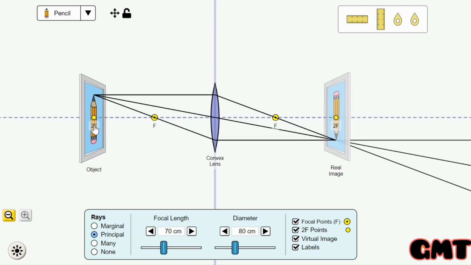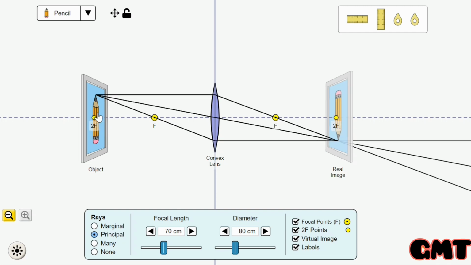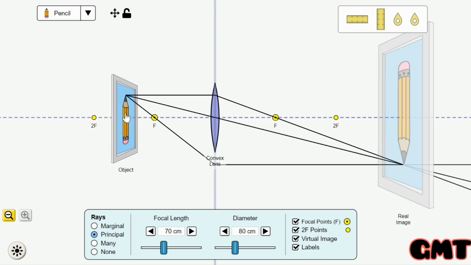When the object is at 2f, the image is also at 2f, so the image distance and the object distance are the same, and the size of the object and the size of the image are the same. What can happen if the object is located between the focal length and 2f?